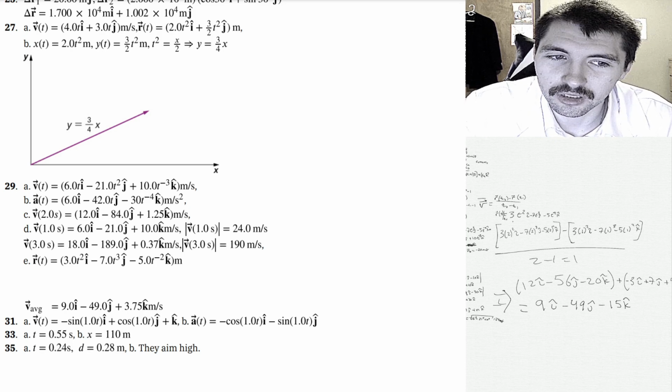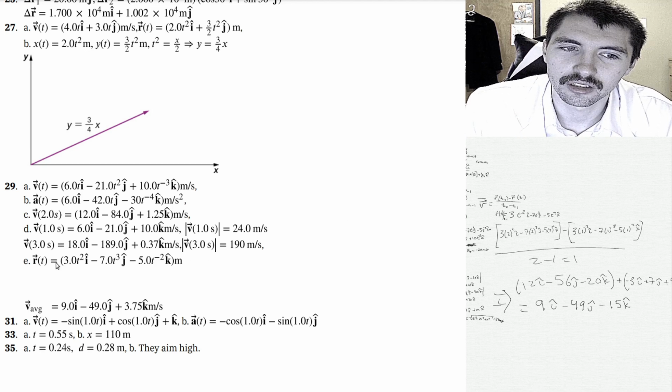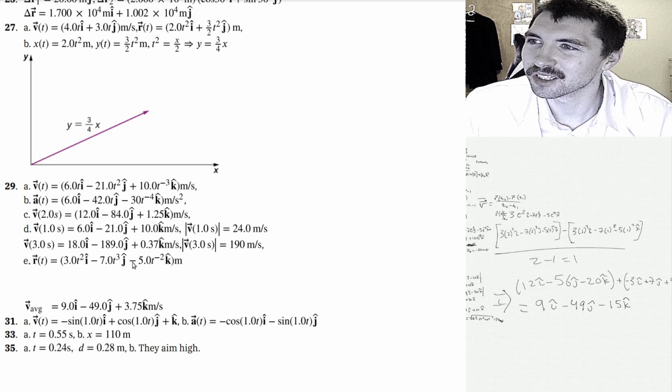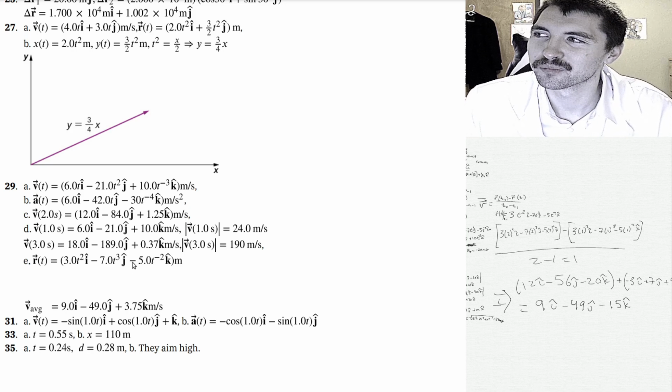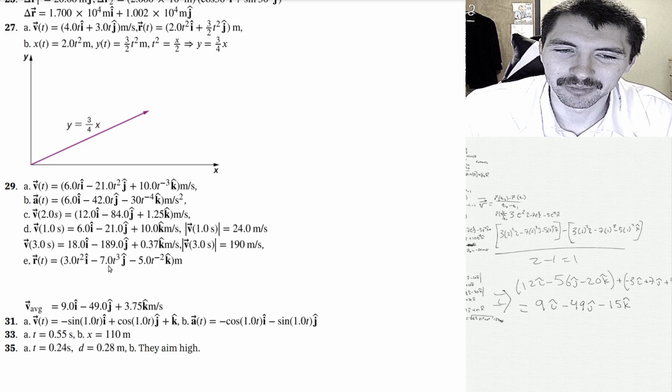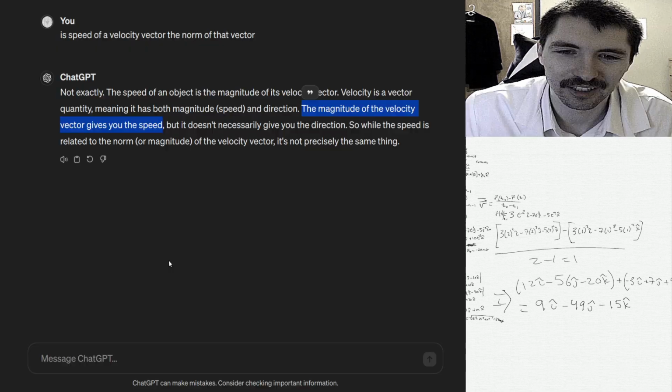The book doesn't even do the average velocity. It's funny because the book is making as many mistakes as me. The book just didn't answer part E, so that's kind of funny.